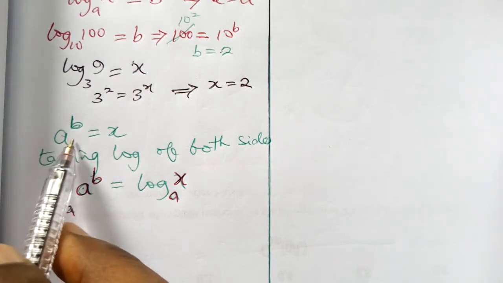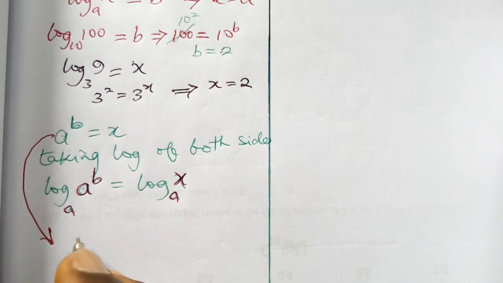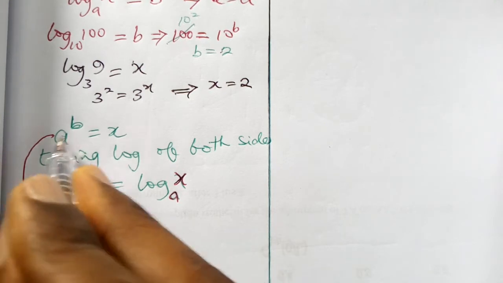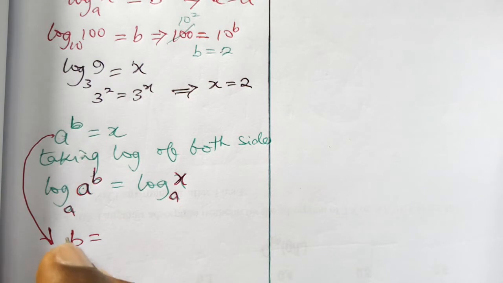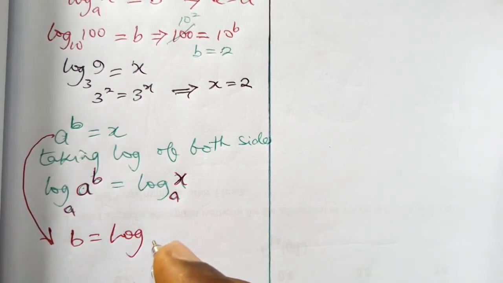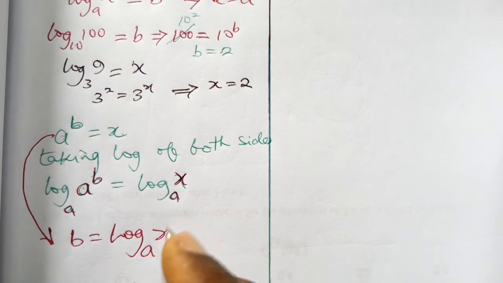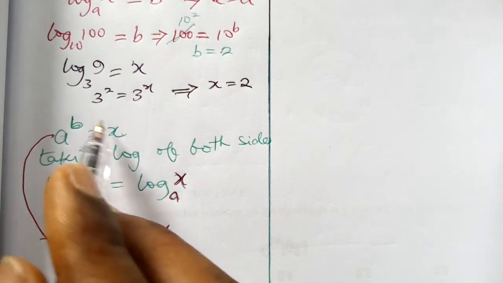From here we have also found that b is equal to log_a x, log x base a, so that if this one comes here, it will take this shape.